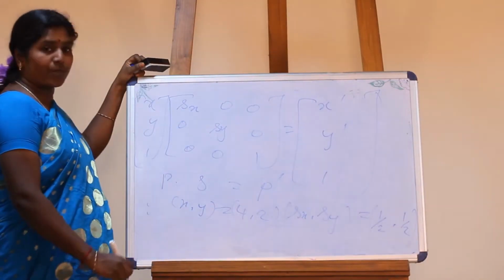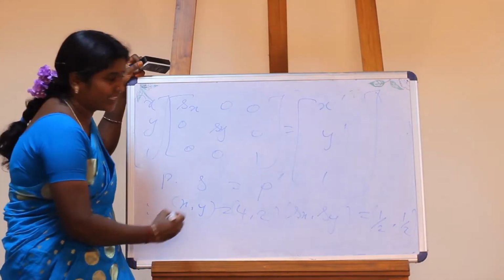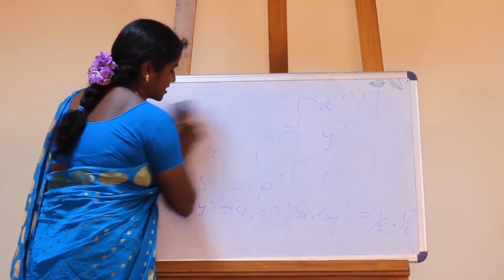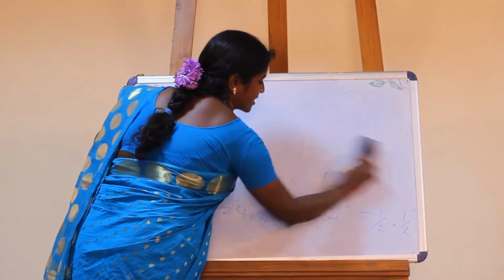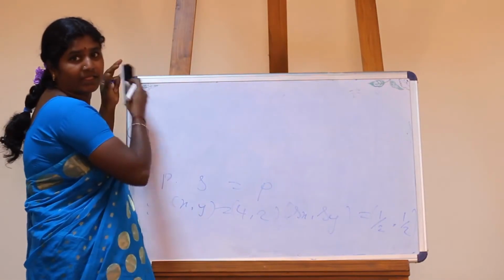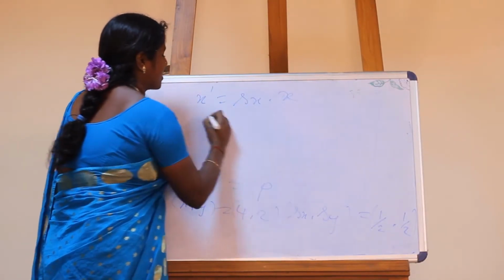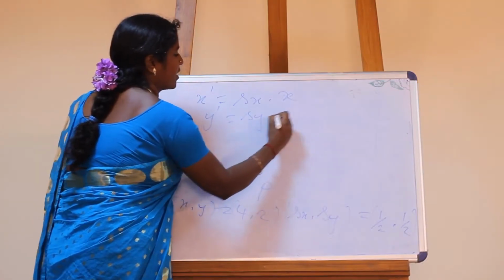As I already told, the formulas are x dash equal to sx into x, then y dash equal to sy into y.